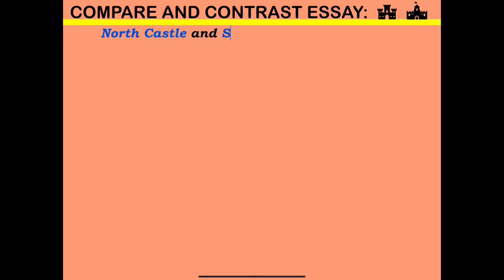North Castle and South Castle are both castles. That is the first sentence of our essay. Let's continue. Don't forget to always leave 2 fingers for each paragraph. We are going to have 7 paragraphs more, which are the 7 things that we have been comparing out of both castles.